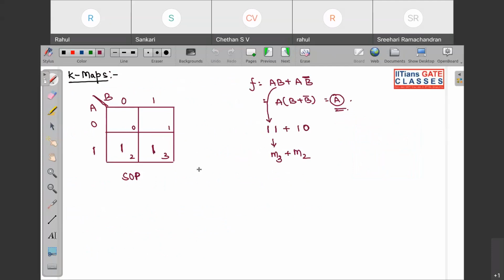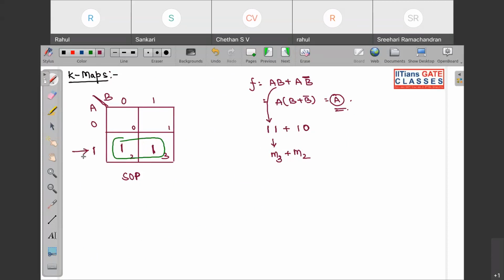Now let us try to solve this. You can see I solved this normally. If I want to solve it using K-map, I can make a group of 2 like this. Now search for the common variables in both the cells. B equals 0 in this cell and B equals 1 in this cell, so this is not common.